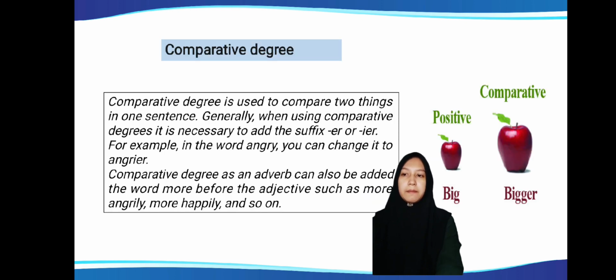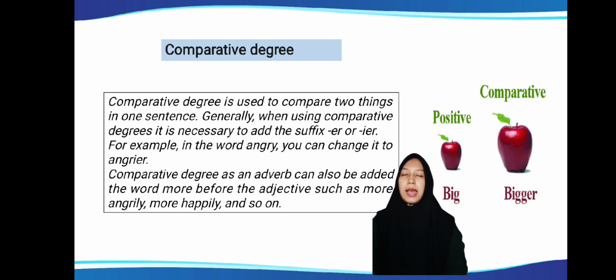Comparative degree. Comparative degree is used to compare two things in one sentence. Generally, when using comparative degrees, it is necessary to add the suffix er or ier. For example, the word angry, you can change it to angrier.